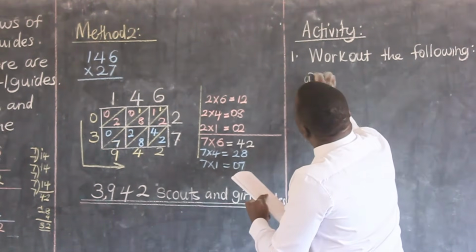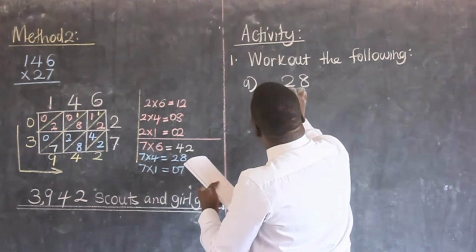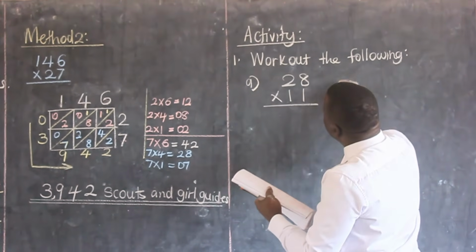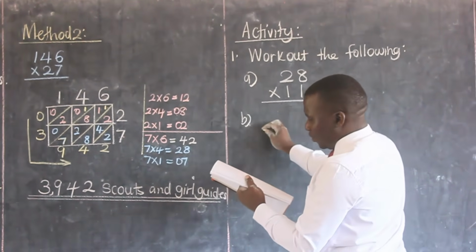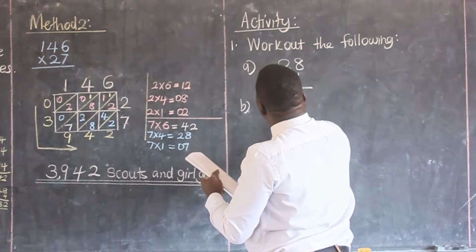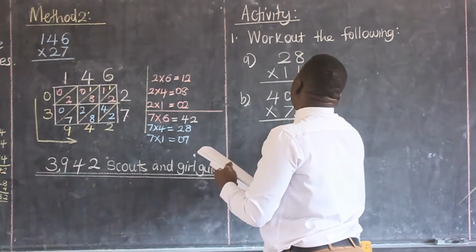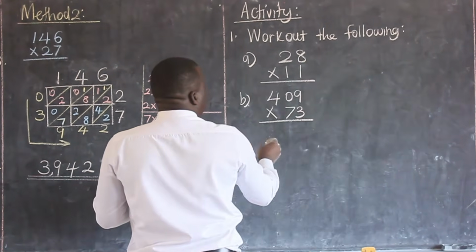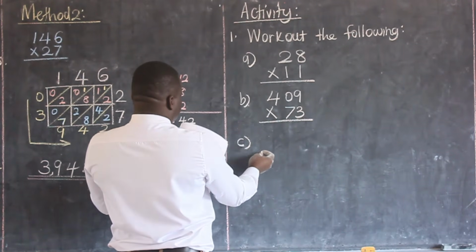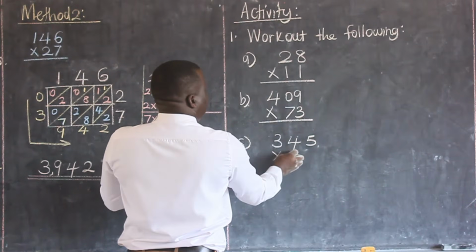Part A, we shall have 28 times 11. Part B, we shall say 409 times 73. Okay? Part C, we shall have 345 times 90.